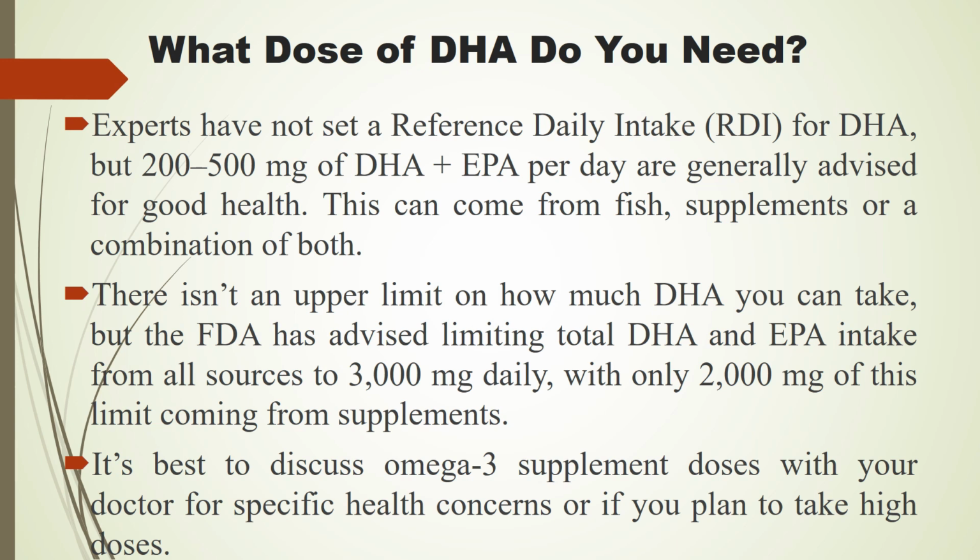There is not any upper limit of how much DHA you can take, but the FDA has advised limiting total DHA and EPA intake from all sources to 3000 milligrams daily, with only 2000 milligrams of this limit coming from supplements and 1000 milligrams from the diet. It is best to discuss omega-3 supplement dose with your doctor for a specific health concern or if you plan to take higher doses.